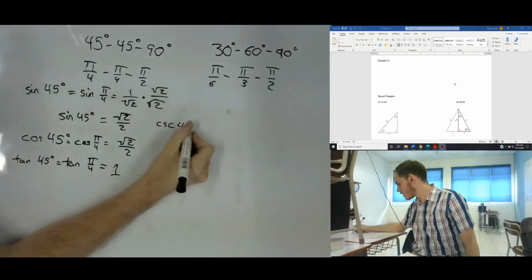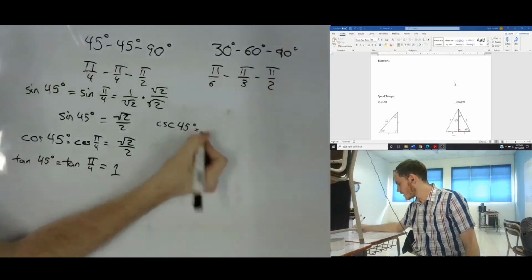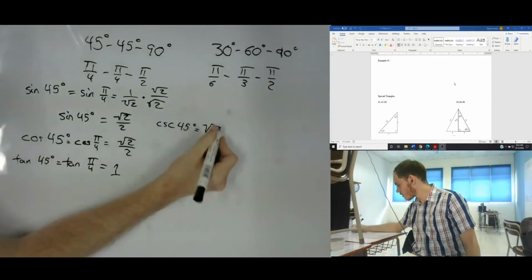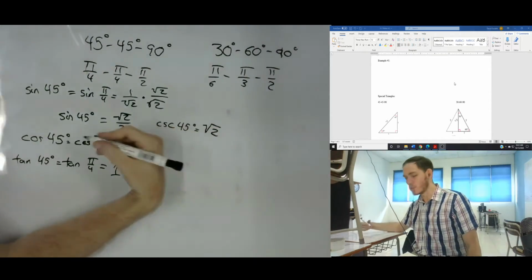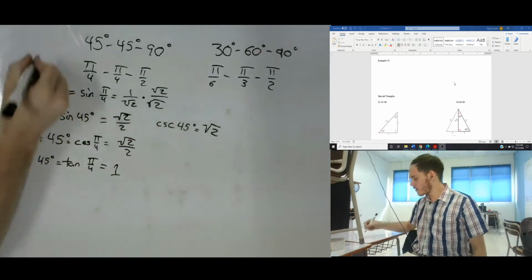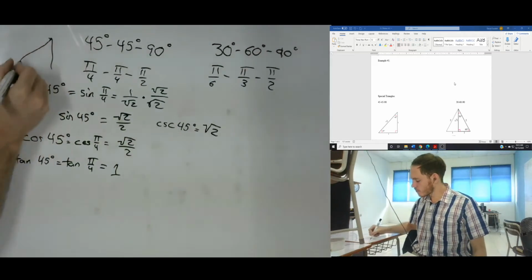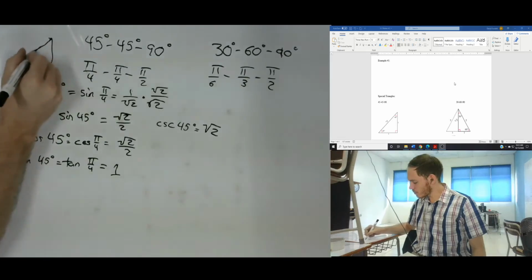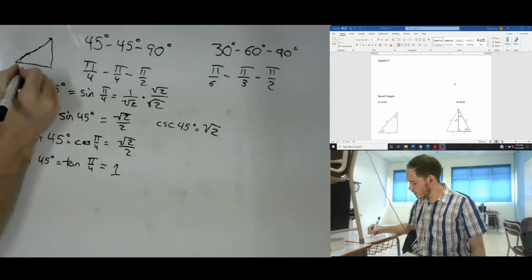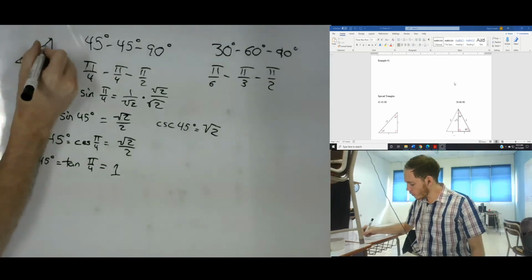Okay, sine, cosine, tangent. So cosecant of 45 degrees is going to equal square root of 2, because it's square root of 2 divided by 1. If you do the triangle, it's right here. Okay, so this is 45, 45, 90.